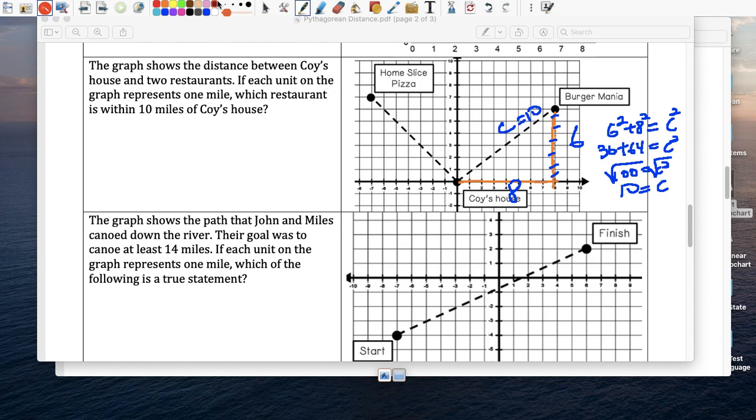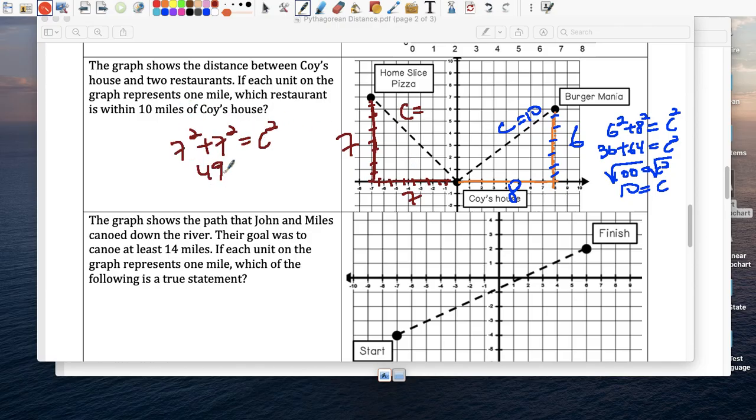On the right side, the pizza place. We need the 2 legs to find the hypotenuse again. So to find the hypotenuse, that diagonal, I need these 2 legs, and c is what I want. So this is 1, 2, 3, 4, 5, 6, 7. This is 7. This is also 7. So 7 squared plus 7 squared equals c squared.